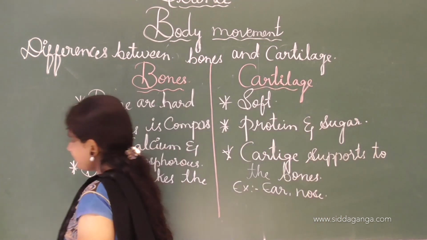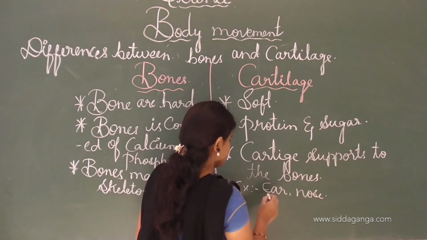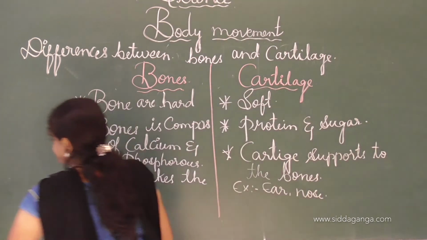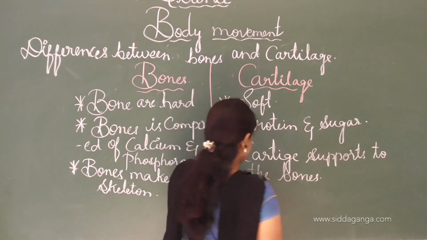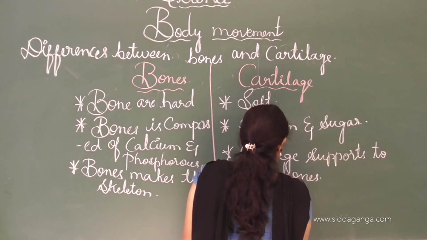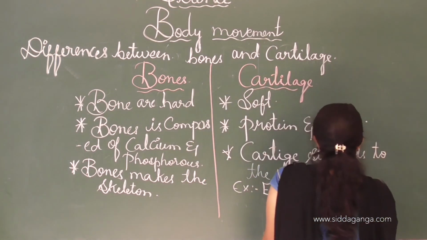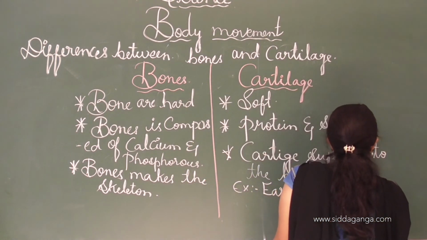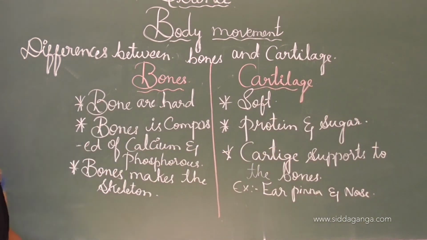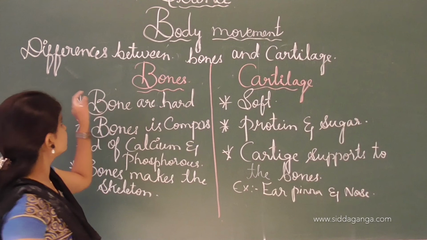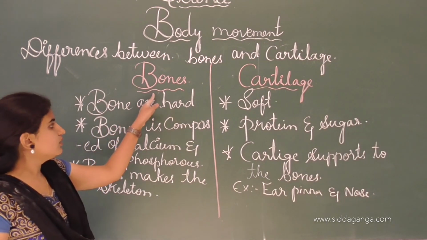This cartilage is present in the ear pinna as well as the nose. Pinna and nose contain the cartilage.